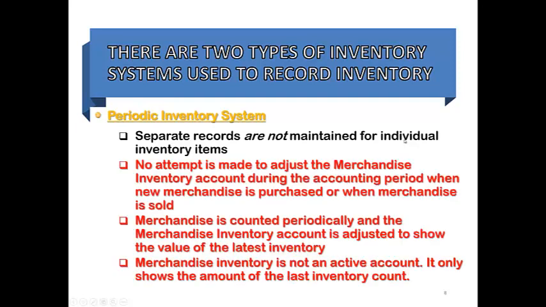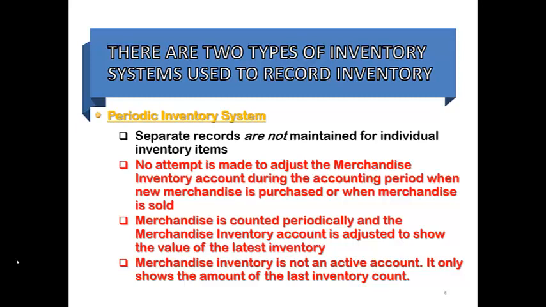There are two types of inventory systems used to record inventory that we're going to look at. The first method that we will look at is the periodic inventory system. Now, this is the system that we used back in the last chapter when we recorded our purchases. We were using the periodic system.